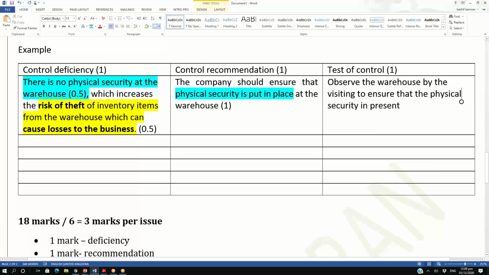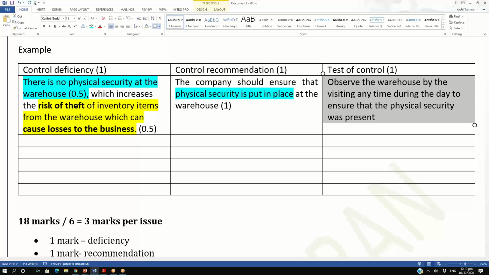So I can just visit the warehouse at any time of the day just to ensure that the physical security was present there. By visiting anytime during the day, a surprise visit, to ensure that the physical security was working.